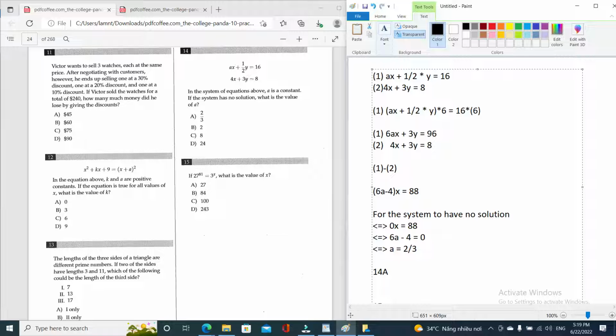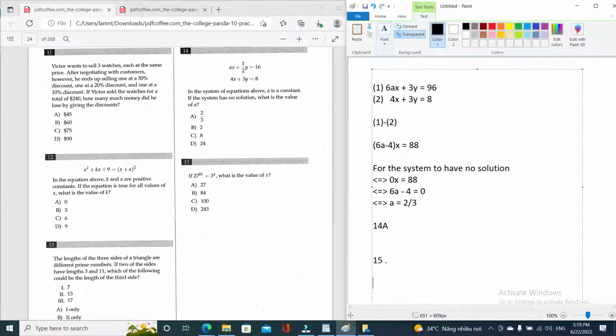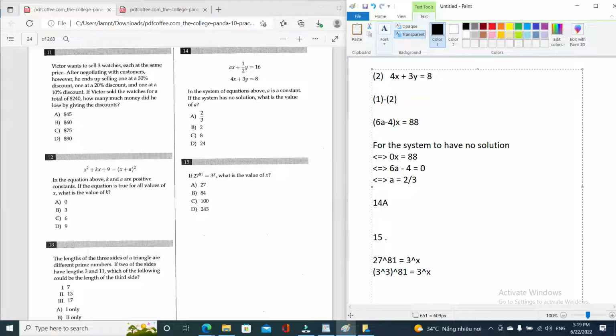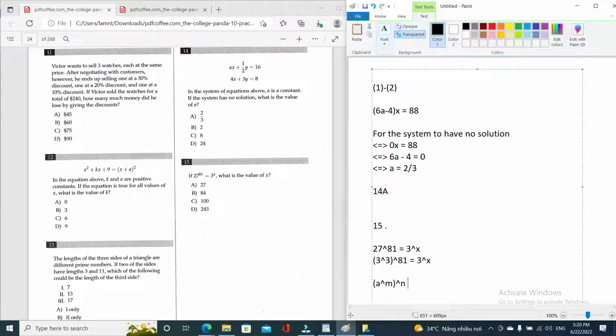Okay, so 27 to the power of 81 is equal to 3 to the power of x. This means that 3 to the power of 3, all to the power of 81, is 3 to the power of x, and we have the rule that a to the power of m, to the power of n, is just equal to a to the power of m times n, right?